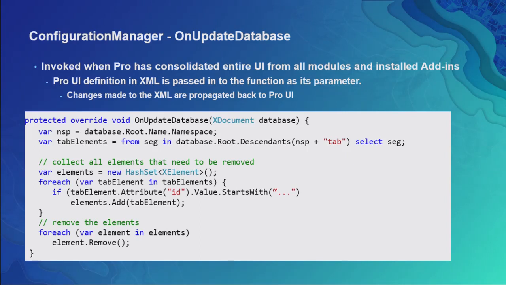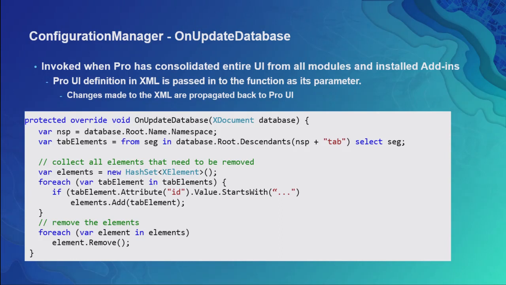And it consolidates all of that DAML into a single XML database that represents the entire user interface of Pro. That database is passed to you as the argument to the OnUpdateDatabase callback. You can modify that XML database to whatever purpose you require.